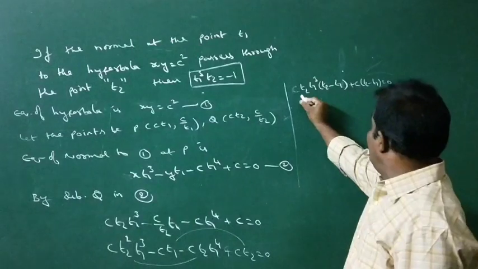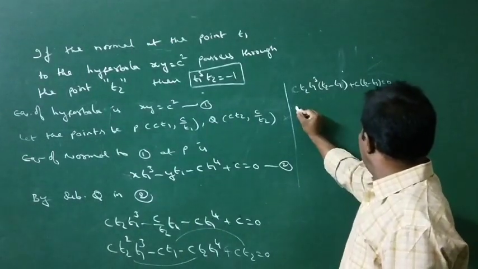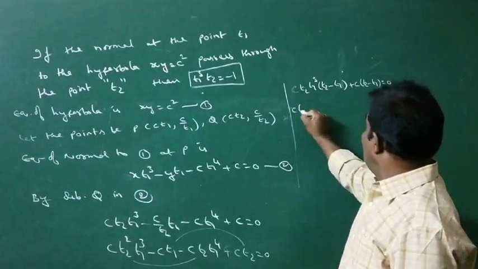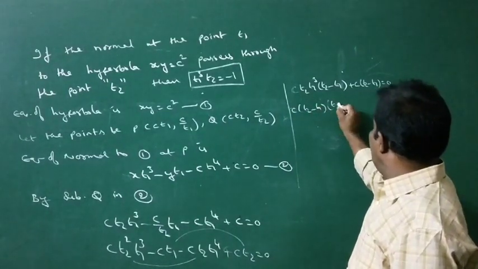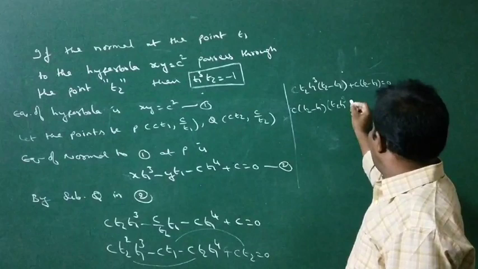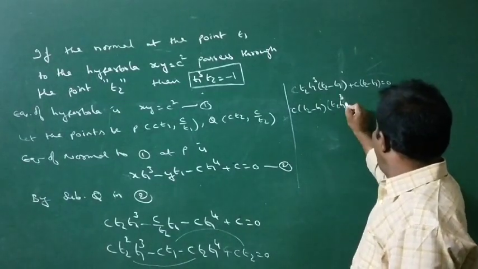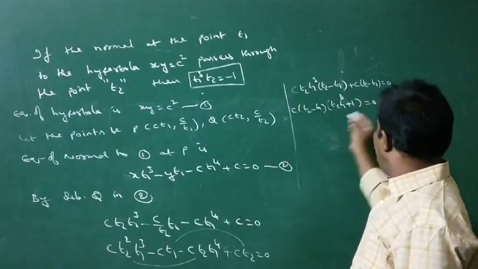By taking c (T2 minus T1) as common, we are getting T2 T1 cube plus 1 equal to 0.